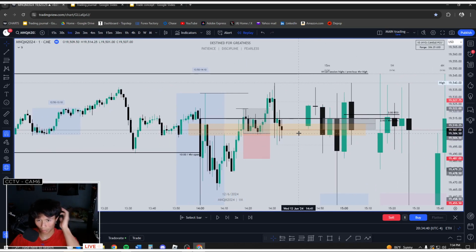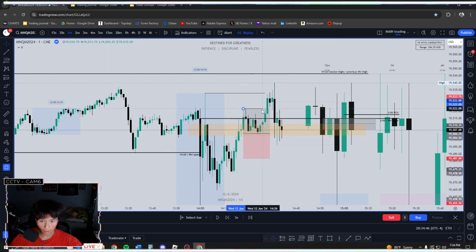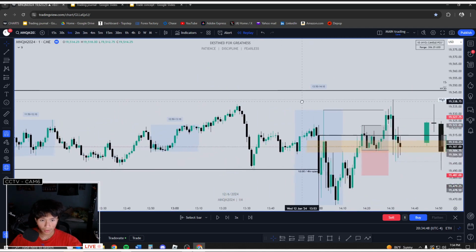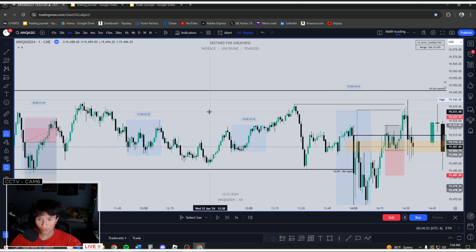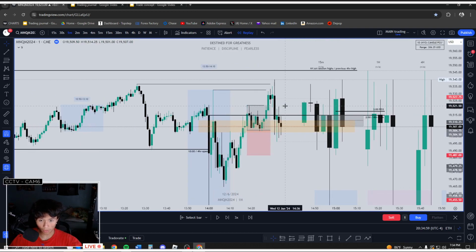This would have been a 1-on-1, and keep in mind that I had TPs taken out right here. So TPs here, here, and my entry is right here. So after we take out this 5-minute high, I move my stops to break even.